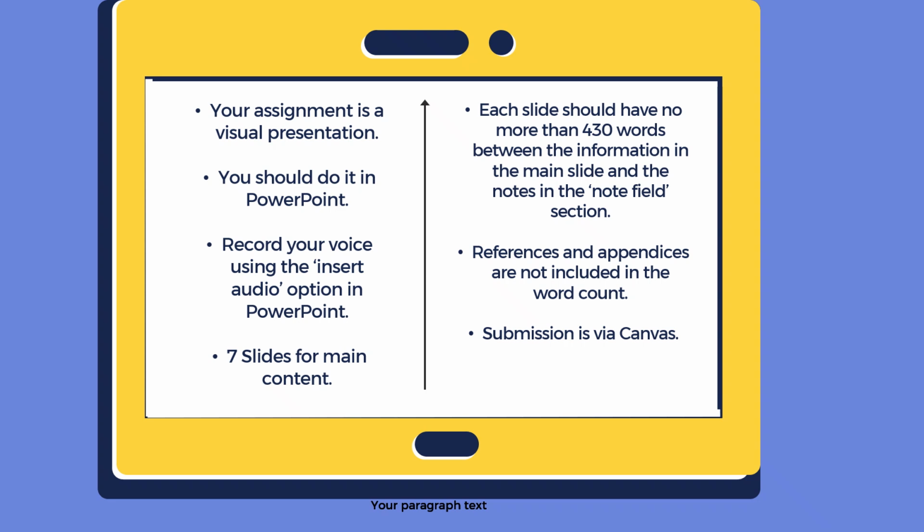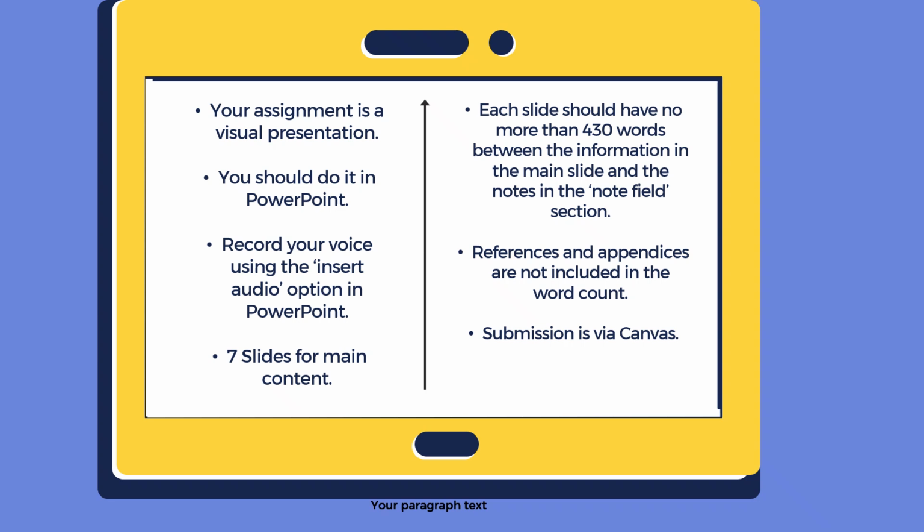We know now that your assignment is a visual presentation. For this, you should develop your presentation in PowerPoint. We want you to record your voice using the insert audio option in PowerPoint, and that's how you will present and discuss the ideas that you decided to focus on.